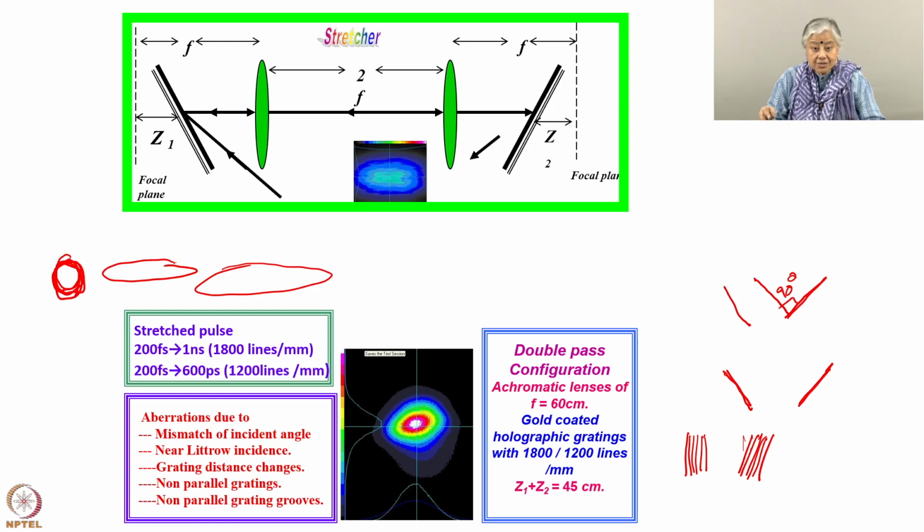So, that is an advantage. I have all that in my control, I can do it and get out a nice beam, while you do not have all those so many parameters to be controlled in an optical fiber. Okay. So, in that sense this can be an advantage, but the best reason why only grating stretchers are used nowadays is the compatibility of the stretcher and the compressor. They are conjugate with each other.